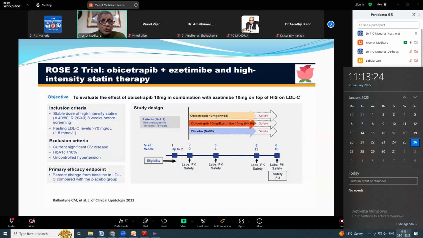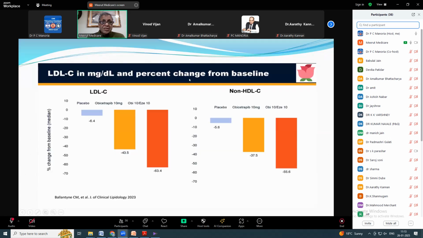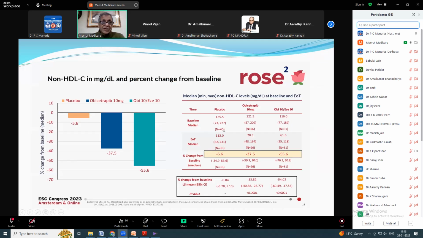Coming to the ROSE-2 trial, here ezetimibe is added. The first ROSE-1 trial was obicetrapib on high intensity background therapy, while the ROSE-2 trial is obicetrapib plus ezetimibe. And again, we had almost a 63% reduction in LDL. That means this patient is on high intensity statin, ezetimibe, and obicetrapib. So 63% reduction, non-HDL-C 55% reduction. And this is the overall change from baseline.